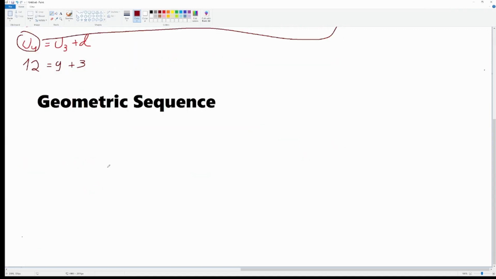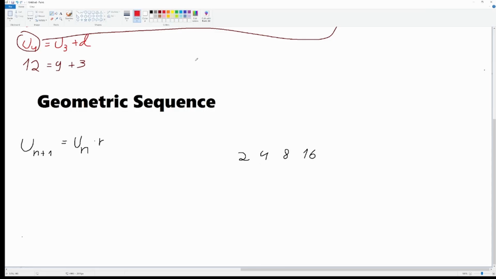The geometric sequence is definitely more difficult, and the formula goes u_(n+1) is equal to u_n times r. So let's take a pile of numbers as well as here: 2, 4, 8, 16.